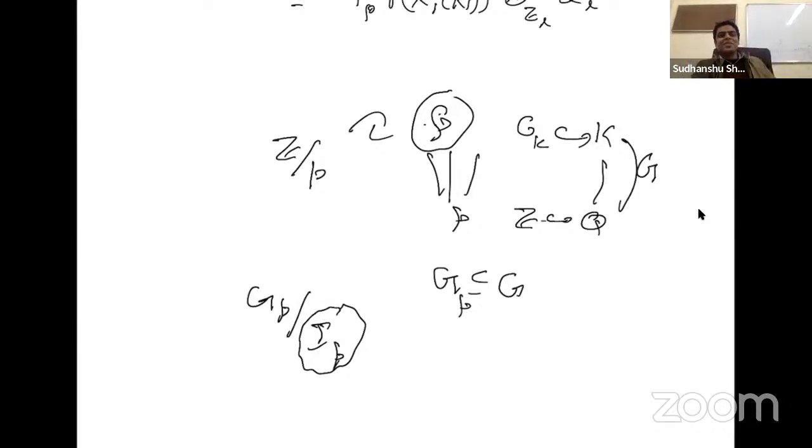The primes dividing the discriminant correspond to primes where the inertia group is non-trivial, and if the prime doesn't divide the discriminant, then the inertia group will be trivial. Is that the description you wanted to ask about?